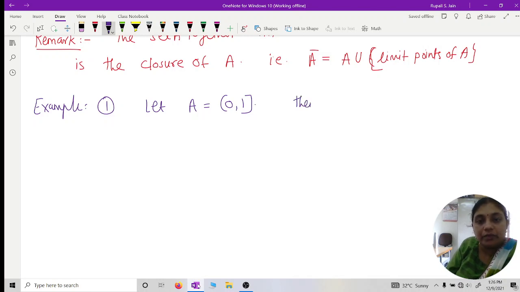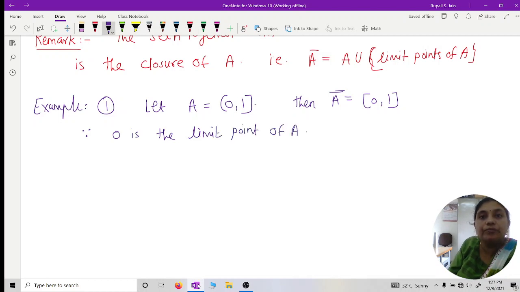Then A closure is nothing but close 0, close 1, since 0 is the limit point of A. Okay. Second, A is equal to open interval 0, 1.